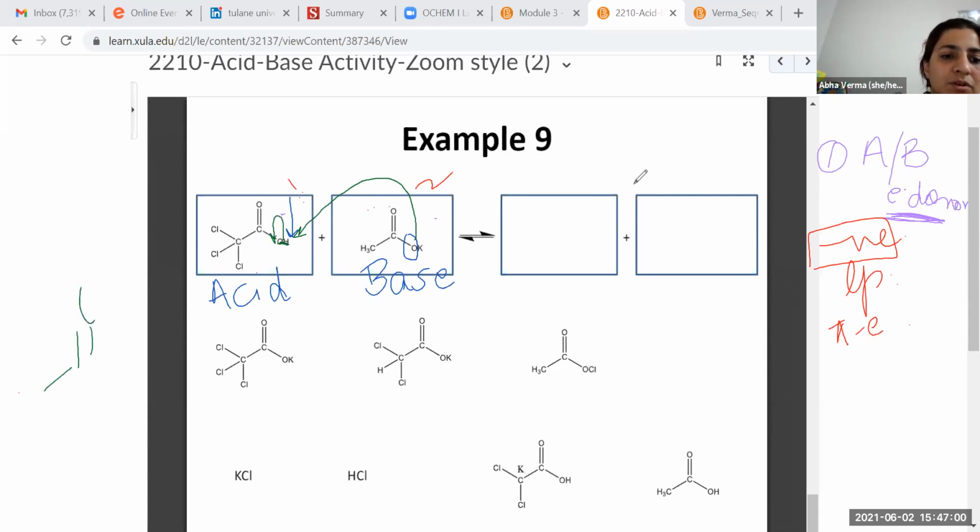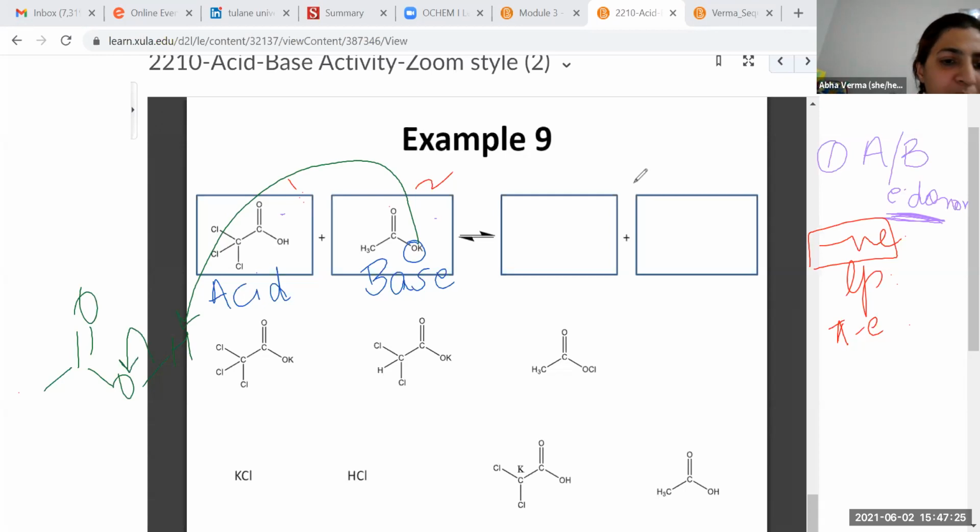So let me redraw this here. From the electron donor, I will go and abstract out my acidic hydrogen.